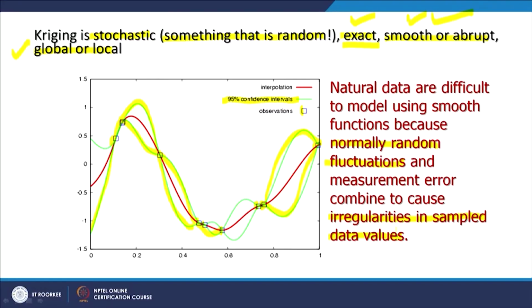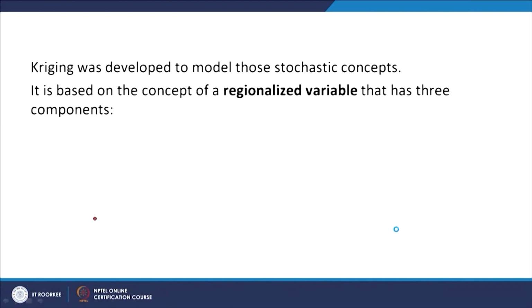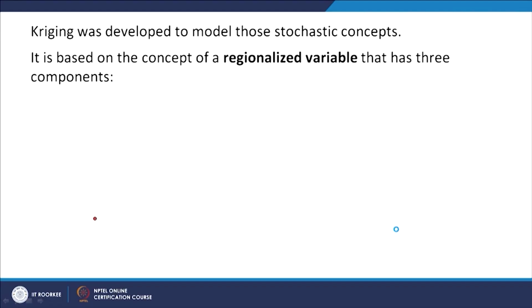If I am predicting a surface for terrain representation, then I cannot go for a smooth surface. Random fluctuations and measurement errors combine to cause irregularities in the sample data values. So chances of errors are much higher, and therefore we have to be very careful about this.